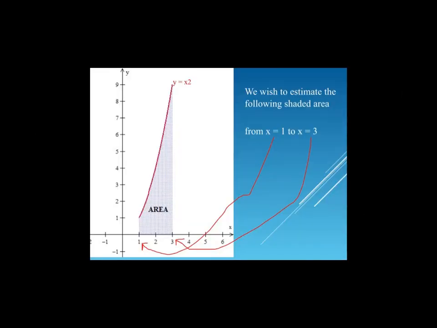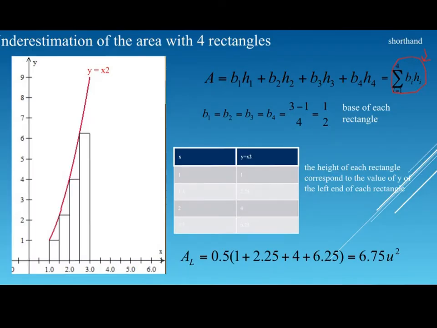So let's make an example. If we want to obtain the area under the curve y equals x squared, from x equals 1 to x equals 3, a will be 1, b will be 3, and we will have to determine how many rectangles we want to use in order to estimate that area. Let's say we want to estimate that area using 4 rectangles.